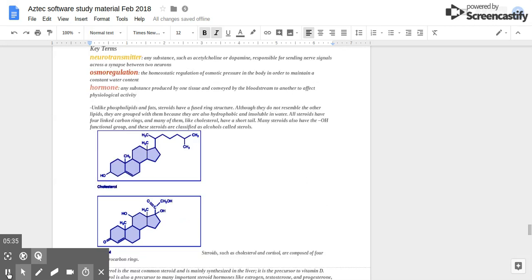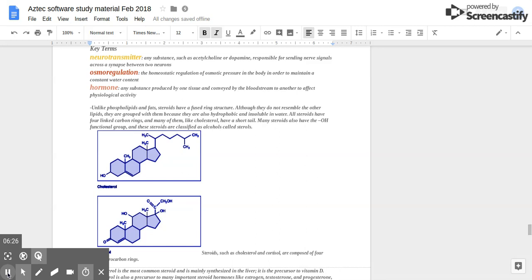Osmoregulation is the homeostatic, so homeostatic means keeping the same or consistent, regulation of osmotic pressure or concentration levels of solutes or certain molecules in the body in order to maintain a constant content of water, and the content of the water to be constant and remain the same and not vary too dramatically, stay normal.